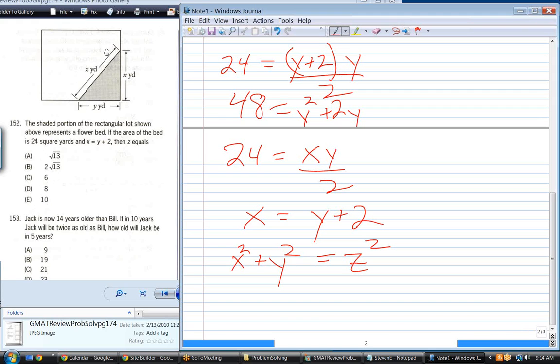Z can easily be 10 if one of these was 6 and one of them was 8. And if one of them's 6 and one of them's 8, then x is equal to y plus 2, and the area is 24. So it's kind of a weird problem to try to back solve, but only because of the specialness of the 3, 4, 5 triangle is it a potential way to solve this problem.